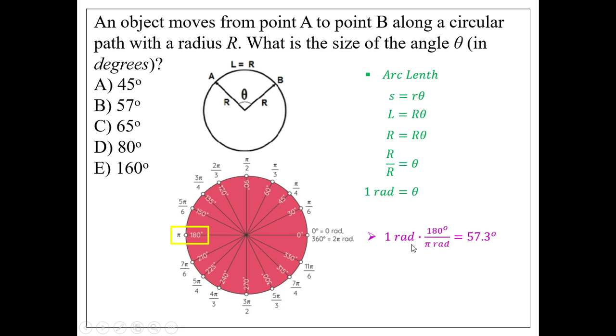So make sure you put the numbers where they need to go. Rad will cancel out, and that leaves you with units of degrees. So if you do 1 times 180, which is 180, and then 180 divided by pi, which is 3.14, that will give you roughly 57.3 degrees, which matches answer choice B.